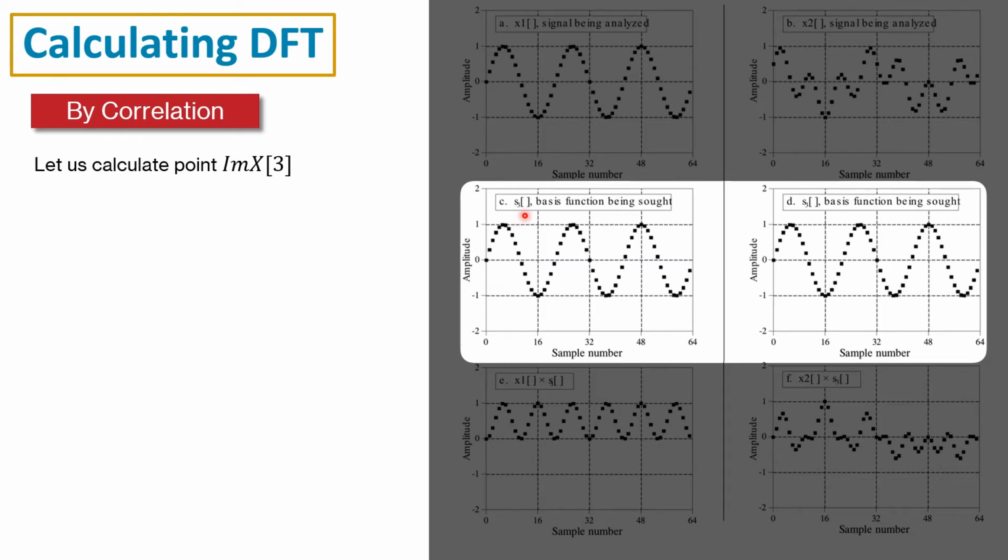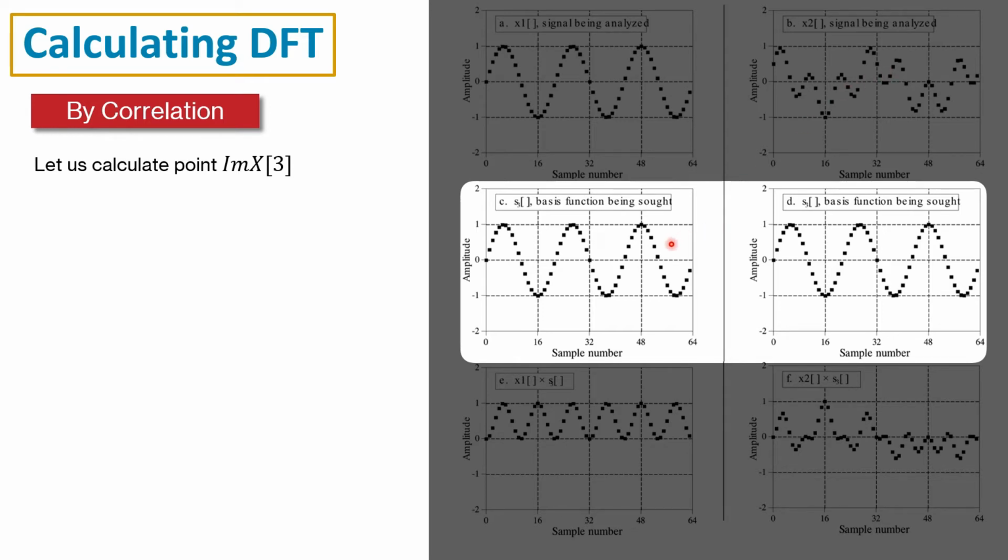C means cos. From those we have selected only one, to see the correlation between this signal, which is a known one, and the x1 signal. So we try to find out the similarity or correlation between this signal and x1 and x2.